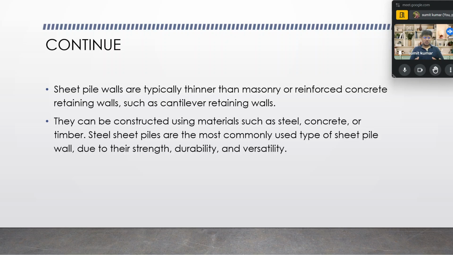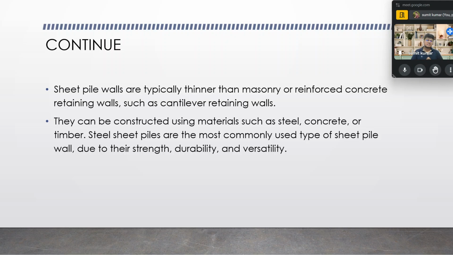They are provided to support the structure only. They could be dismantled and moved from one place to another once the work is done. But that is not the only aspect we are going to discuss about the sheet pile. It could be made of concrete, timber, or steel.